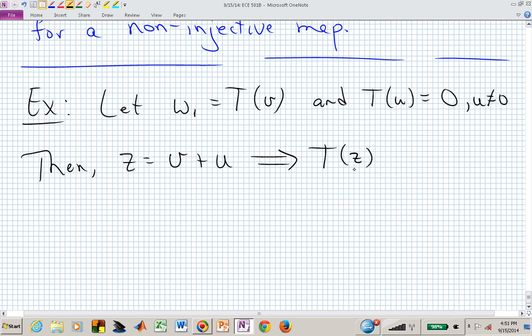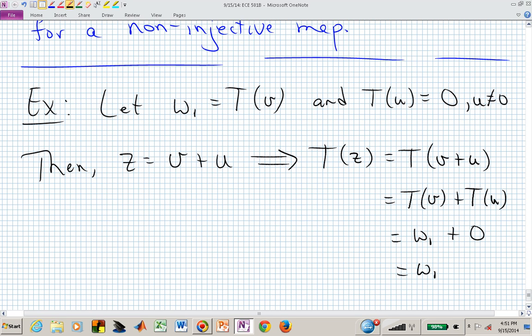Now what's T of Z? T of Z is now T of V plus U. And that's now T of V plus T of U for a linear operator. And T of V, we said, was W1, and T of U was 0. So that now T of Z also produces W1.